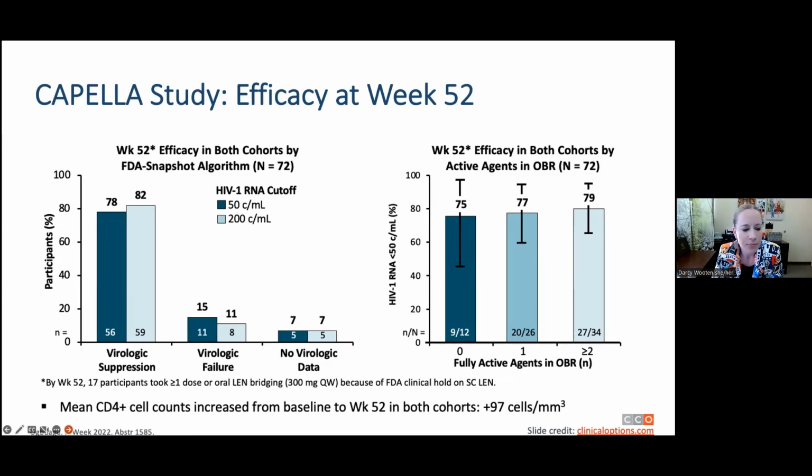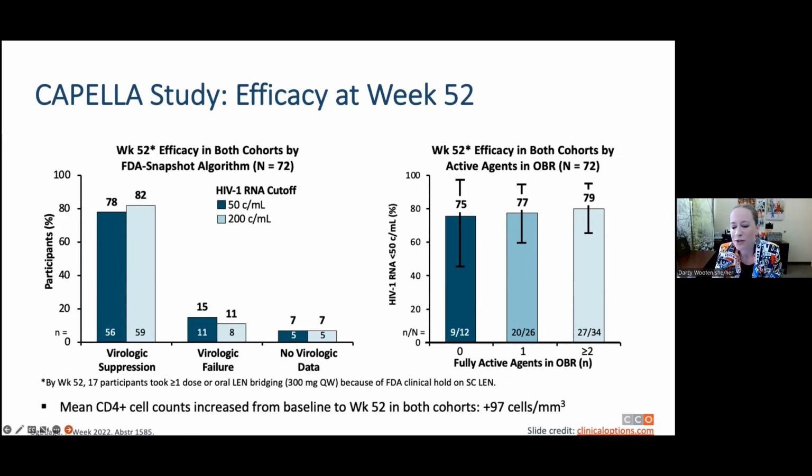So 78% of patients had a viral load less than 50, and 82% of patients had a viral load less than 200. There were some virologic failures, which I will talk about in the next slide, and talk about resistance. And then in the figure on the right, when you stratify by the number of fully active agents in the optimized background regimen, I think it's really impressive.